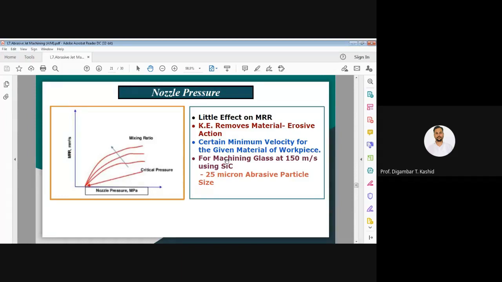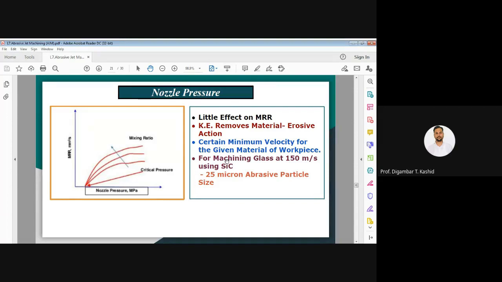Now come to this slide. Here I will take one example of machining of glass at 150 meters per second, using silicon carbide as an abrasive. So you need to use a 25 micron size abrasive particle.